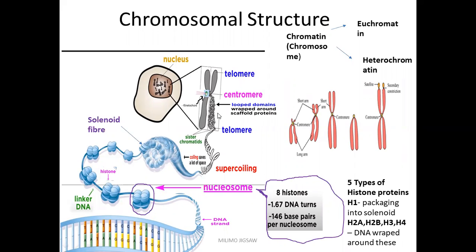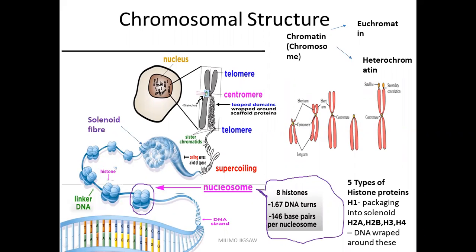So a sister chromatid refers to an identical copy formed by DNA replication of a chromosome. Both of these copies are linked together by a common centromere.